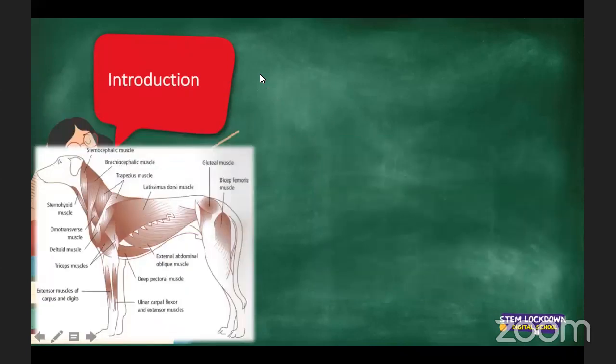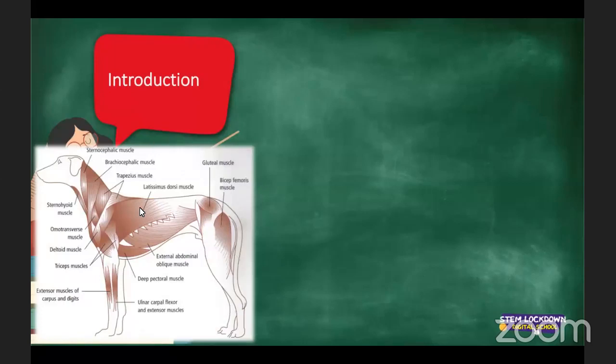Then it is quite important for us to understand that in order for a vertebrate animal to move from one place to another, the bones and the muscles work together. Okay, because the muscles are attached to the bones.